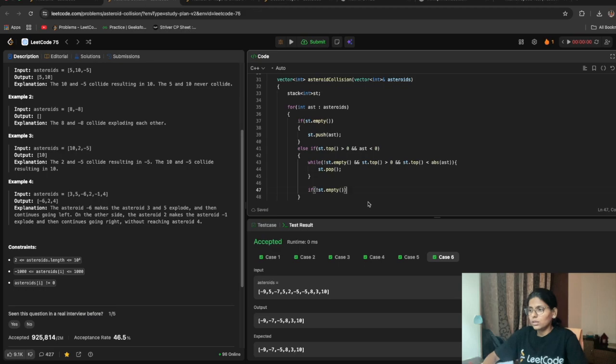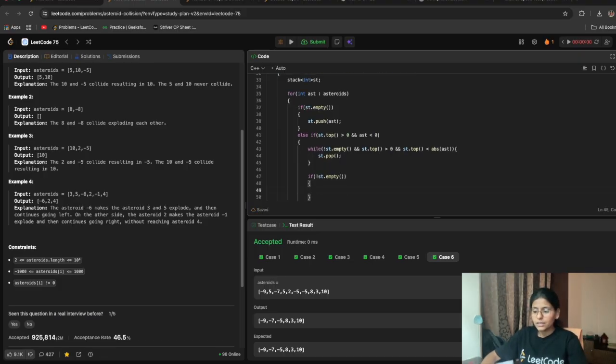Okay, so to check, if my st isn't empty, then it can happen that my top value and the current value are the same.